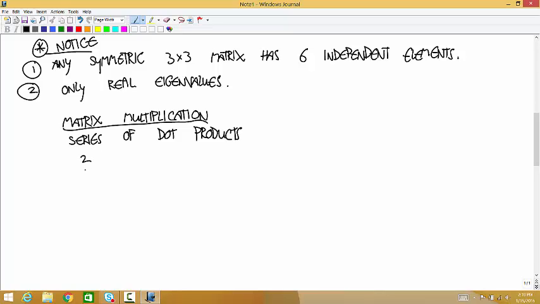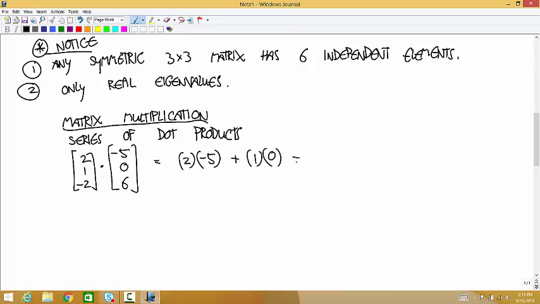I have it written here, so I'm going to write it. 2, 1, -2, dotted with -5, 0, 6. To take that dot product, that would be 2 times -5 plus 1 times 0 plus -2 times 6. So you get this. It's a scalar value. It outputs a scalar value from 2 vector inputs.